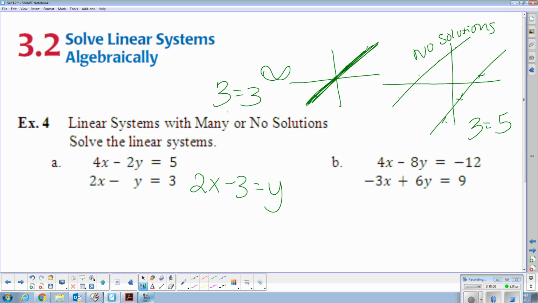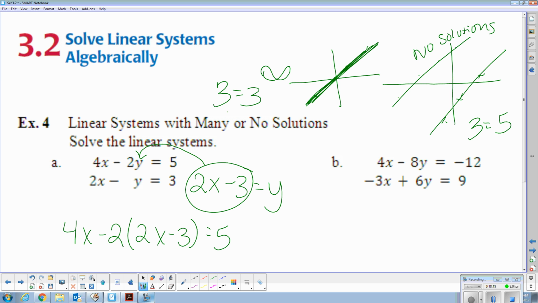And then since you solved for y, you take this value and put it back into the first equation.